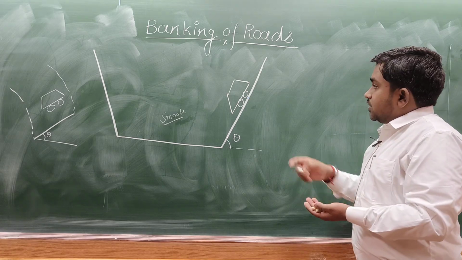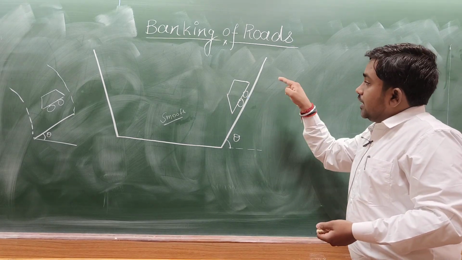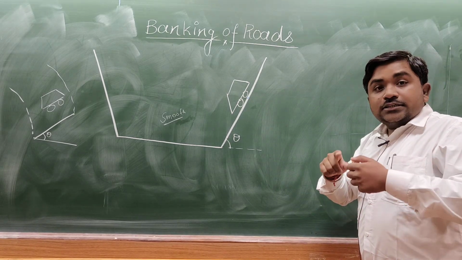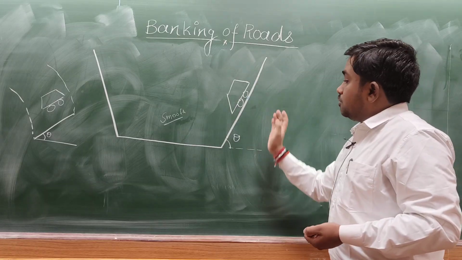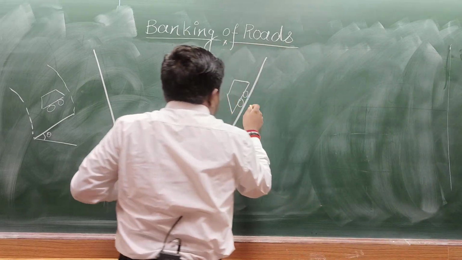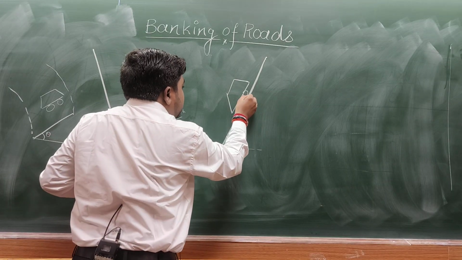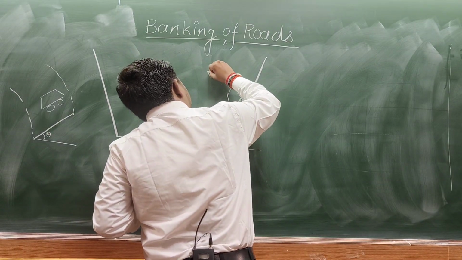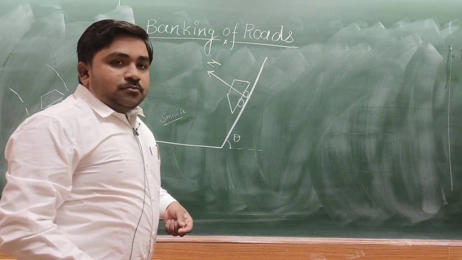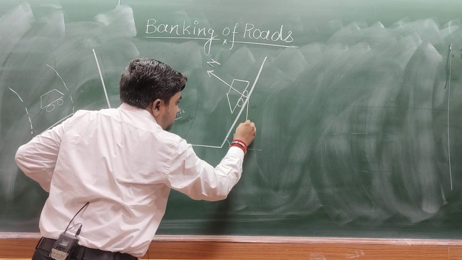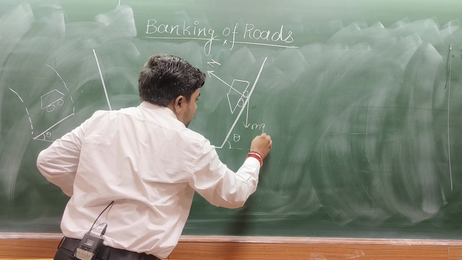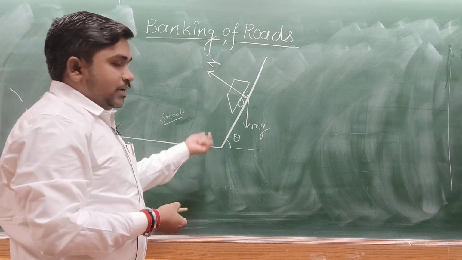Okay, so first of all, let us analyze the forces in this situation, and see what extra thing we are getting when we bank the road. The normal force will act normal to the surface. The mg will act perpendicular to the ground. Now let us break down the components.